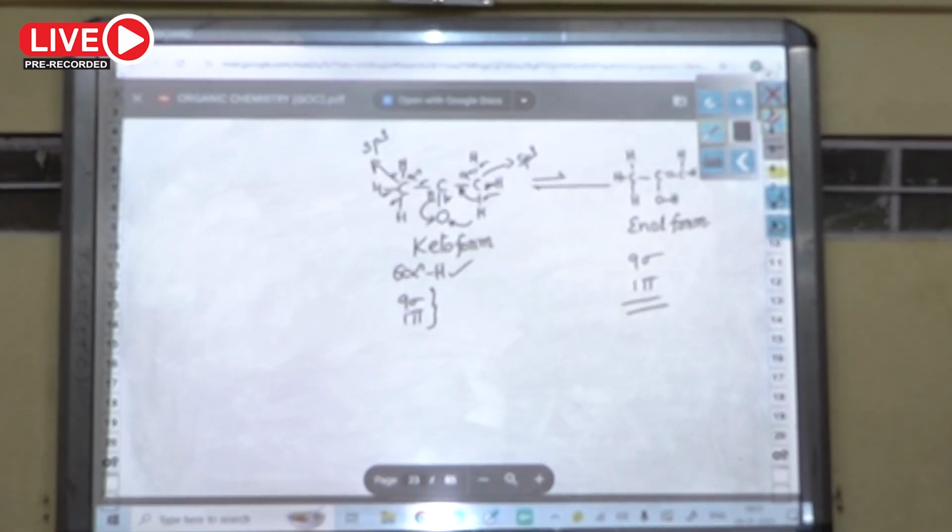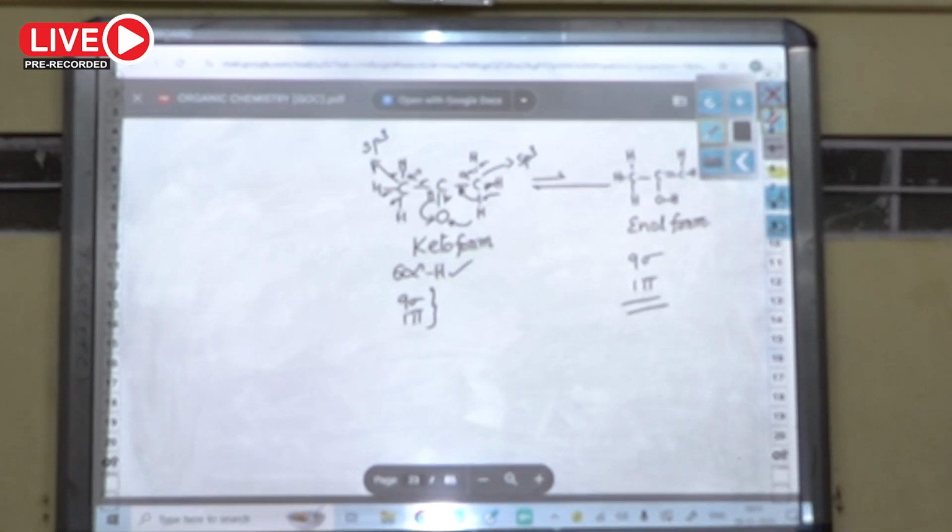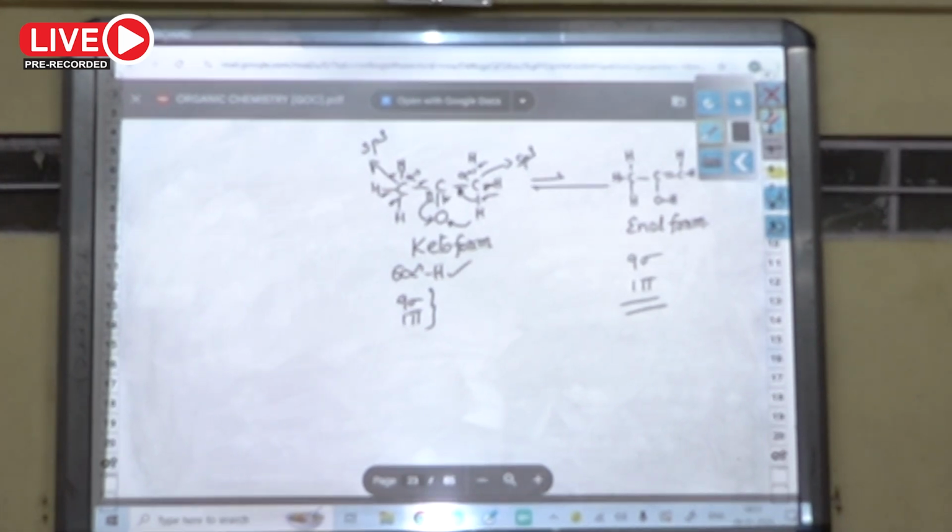Answer: the C double bond O has greater bond energy than C double bond C. So the reason the keto form is more stable than the enol form is that in the keto form the C double bond O has greater bond energy than the C double bond C of the enol form.